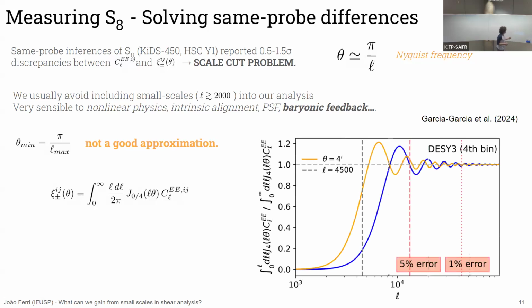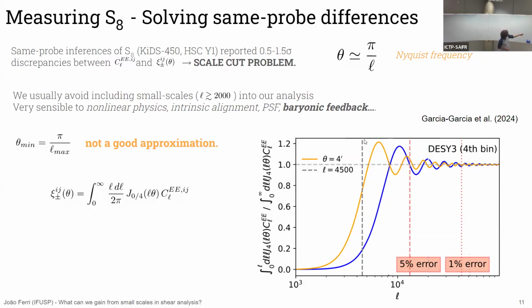If you see this plot right here, this is basically the comparison of integrating this function right here up to this L max versus integrating up to infinity. Take a look at this yellow curve. This is the psi of theta for arc minutes, which by this relation here is L 4500.